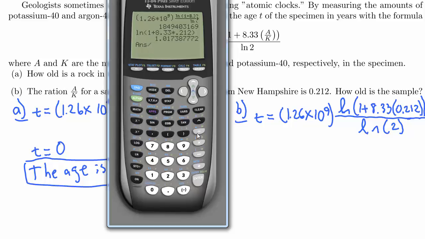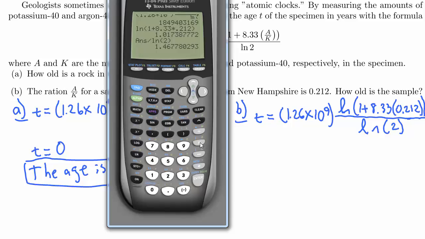By doing just the division here and having it say ANS, you're getting this entire value in there. So we're going to go ahead and divide that by the natural log of 2. And then click enter. Now notice that this entire thing is 1.467780293, rounded obviously.